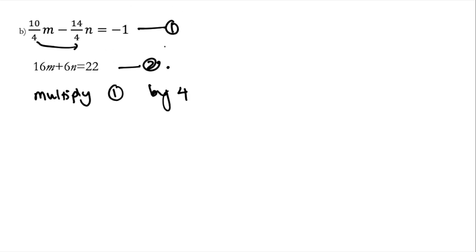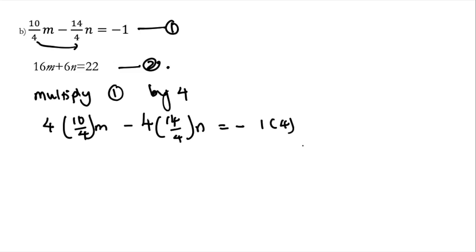When you multiply expression 1 by 4, you have 4 multiplied by 10 over 4 minus 4 multiplied by 14 over 4 times n, minus 1 multiplied by 4, isn't it? So when you simplify it, you get 10m minus 14n equals minus 4.